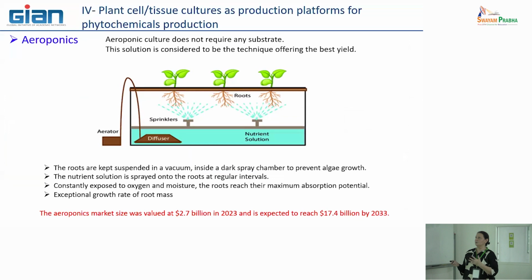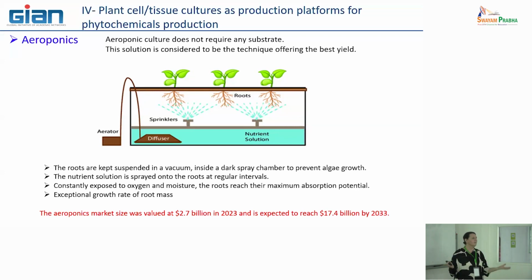Aeroponics is a culture that mixes hydroponics, and in fact is not in a completely immersed solution at the level of the roots. Here you can see the classical system of aeroponics. You see the cultures are not completely in contact with the nutrient solution, and the roots are not in the soil.